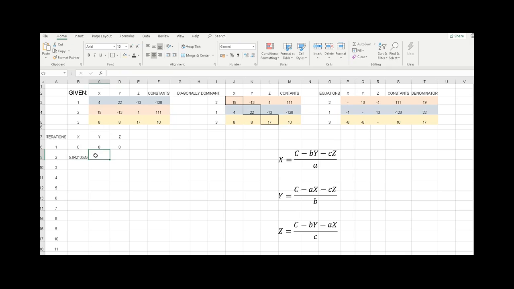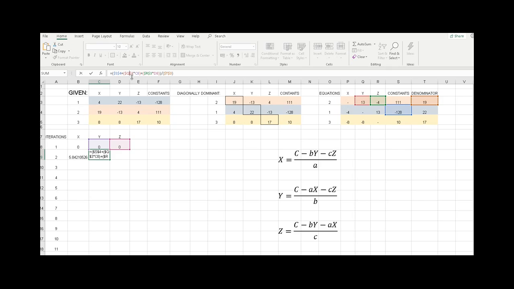So the other 2 cells here use the same concept as the first x cell here. So let's copy the code and paste it. Now we just need to change the values. In this case, the constant for the y dominant equation is this cell, which is S4. So let's change that. Now, minus AX. What is A for the y dominant equation? It is this one, P4.